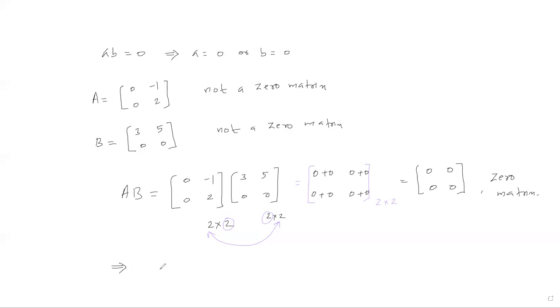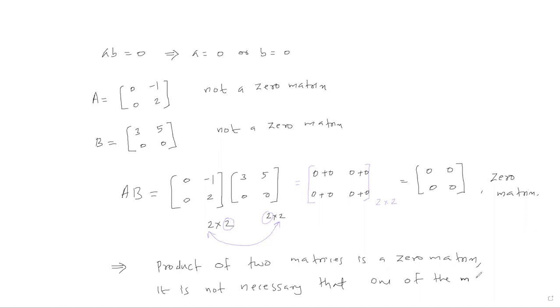That implies the product of two matrices is a zero matrix, that it is not necessary that one of the matrices is a zero matrix.